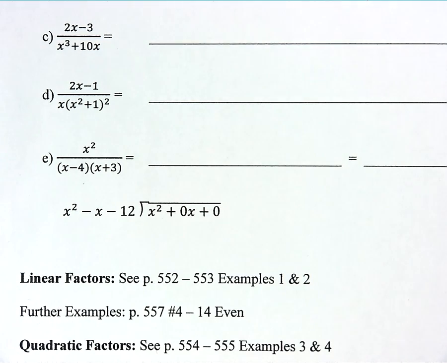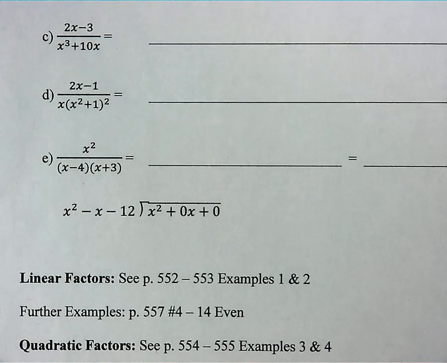Because you have to build up. If you have linear factors to a power, you have to build up to that power. If you have quadratic factors to a power, you have to build up to that power. And the more coefficients you have, the more difficult it's going to be to find the value of those coefficients. But that's more tedious than anything, just annoying.